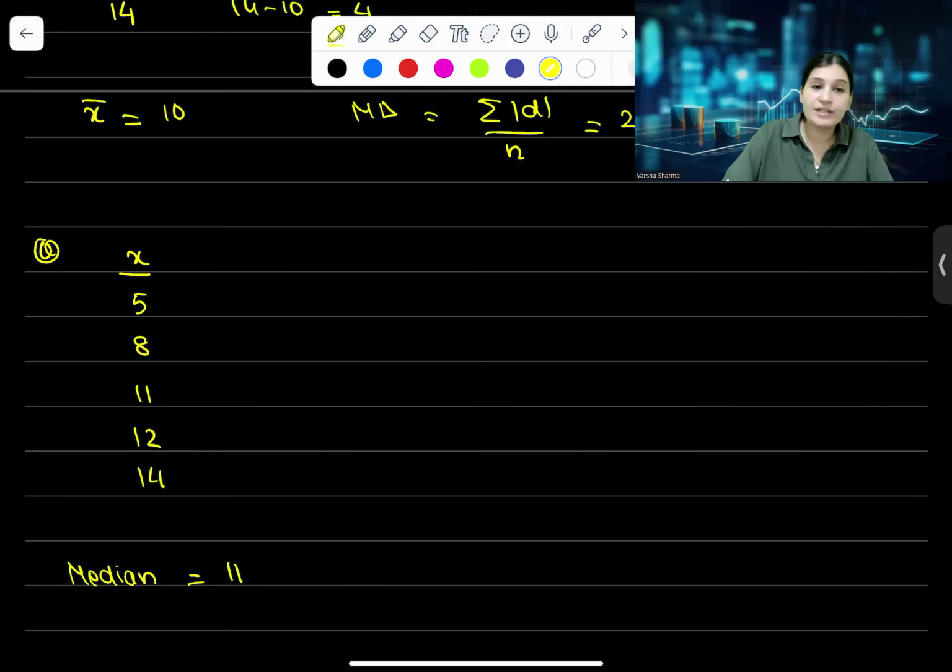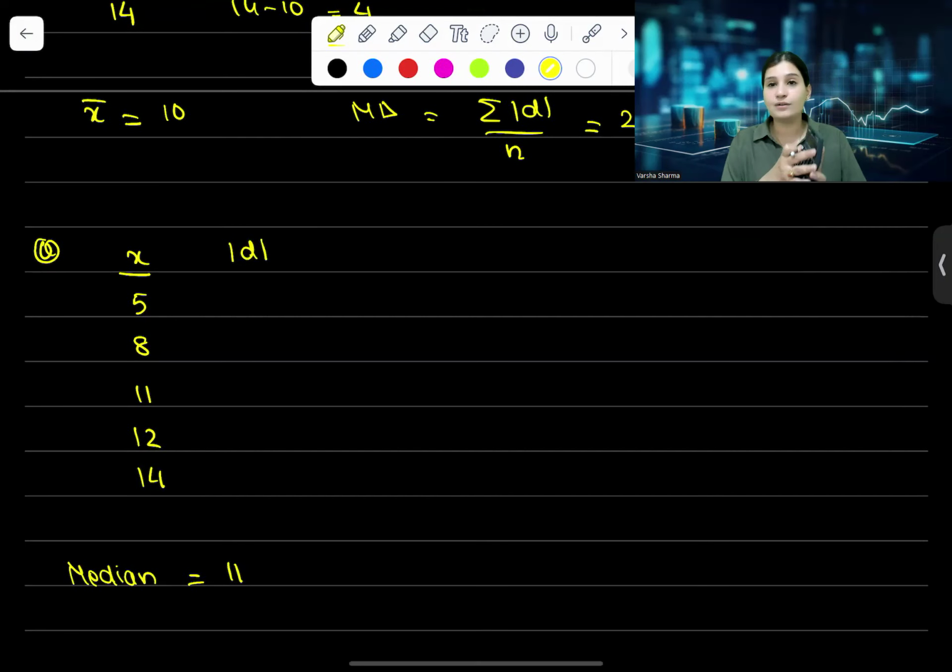So now we need to find the mean of absolute deviation. Directly in the calculator itself, we can do it. 5 minus 11, change the sign if it is negative and store it. Then 8 minus 11, change the sign and store it. Then 11 minus 11, change the sign and store it. 12 minus 11, store it. 14 minus 11, equal, plus MRC, divided by, you should have 13, divided by 5.